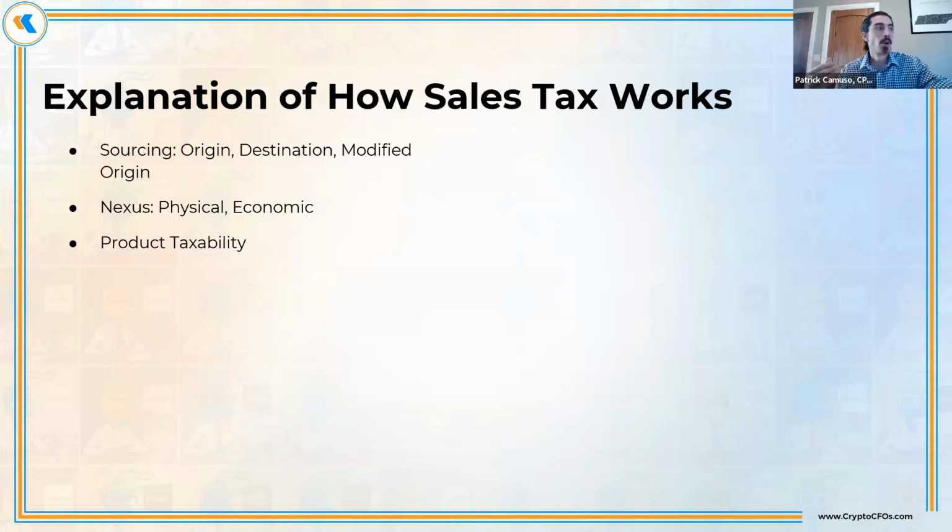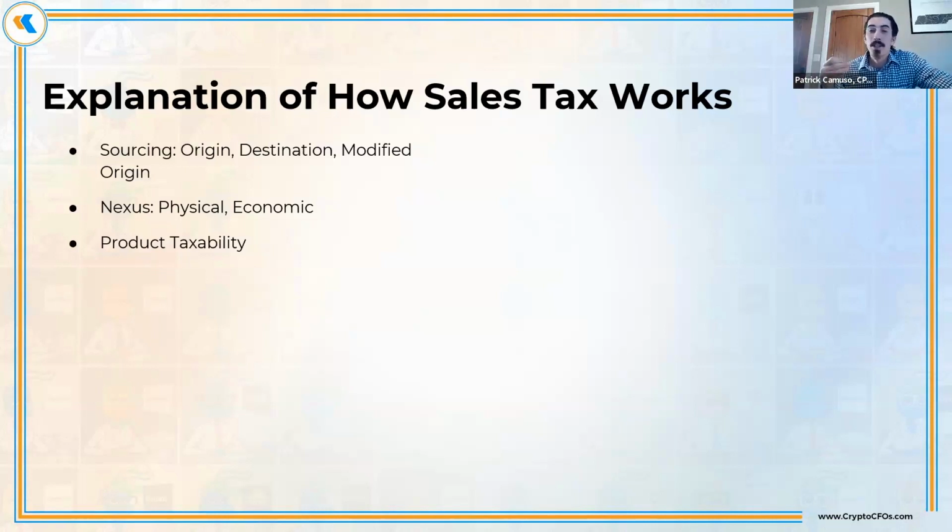Then, after you understand what tax jurisdiction the sale takes place in, you want to understand whether you have a nexus in that jurisdiction, and whether you are going to be taxed there. There are many forms of nexus. The two main ones I want to focus on are physical and economic. Understand there are more, such as click-through nexus and many others that are just out of the scope of this initial presentation today.